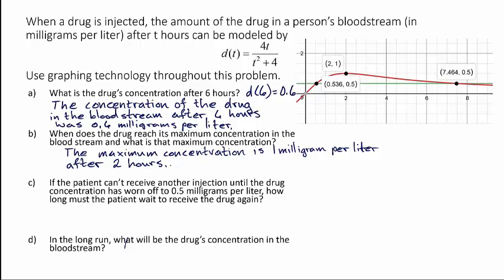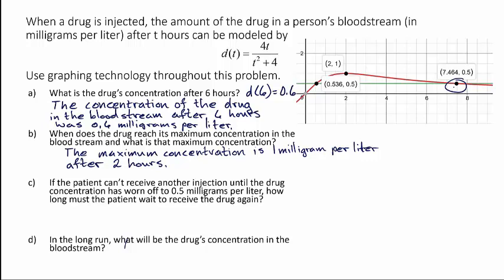All right, now if the patient can't receive another injection until the drug concentration has worn off to 0.5 milligrams per liter, how long must the patient wait to receive the drug again? Well, I denoted both of these intersections with 0.5, but really I only want the second one, the one that's off to the right, because they take the drug right at the origin. Obviously the concentration of the drug increases initially very quickly, and then it wears off over time.